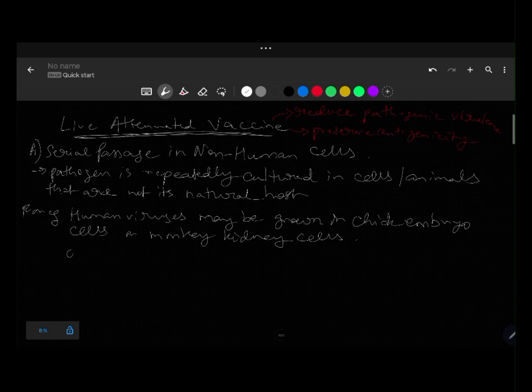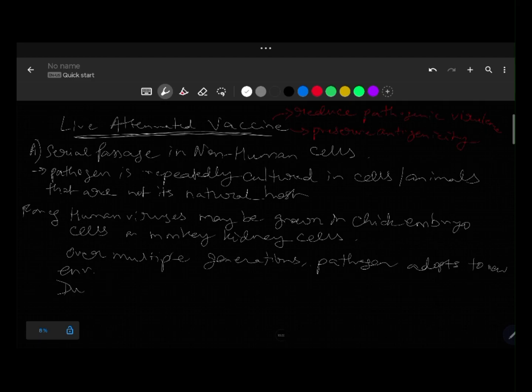Over multiple generations, the pathogen adapts to the new environment.